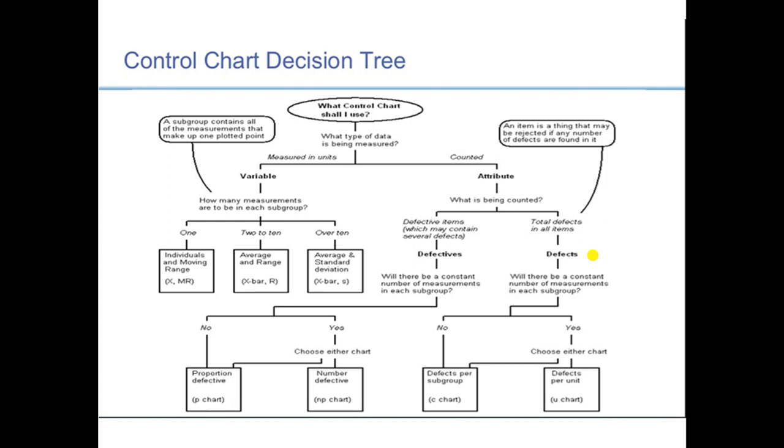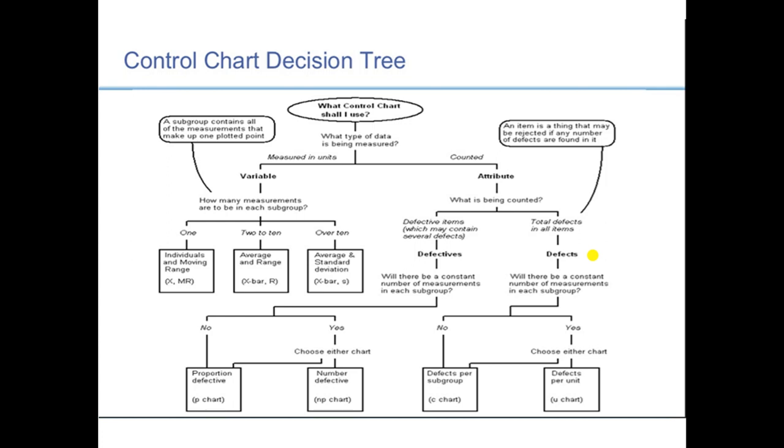Next, for attribute data, what type of data is being counted? Whether it is defective items, which may contain several defects, or whether I am interested in the total defects in all items. So it goes to defective and defects. As I said in the previous discussion, a defect is a subset of a defective. Defective talks about a whole unit, and defects talk about the number of flaws.